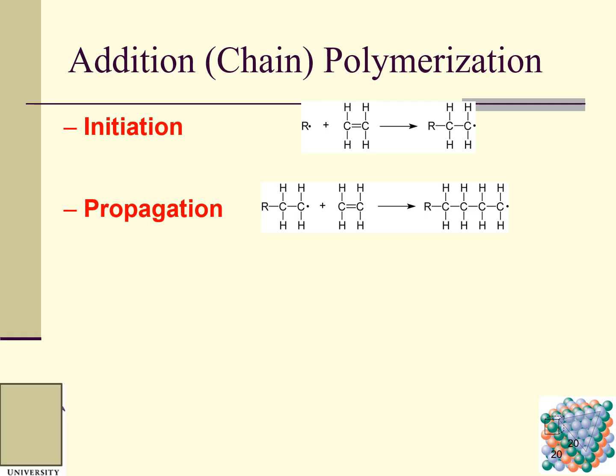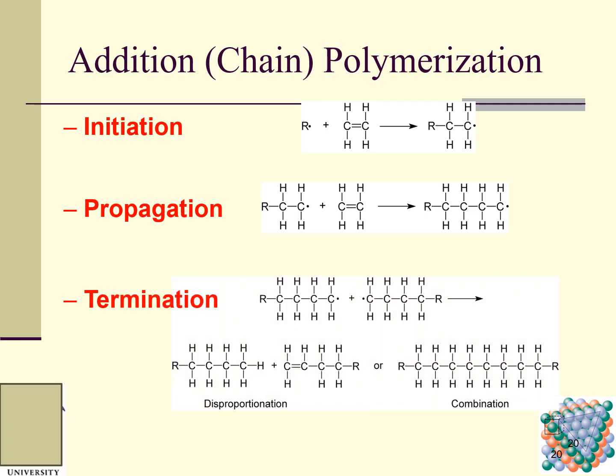Then this radical reacts with another repeat unit, and these two carbons form a new single bond, and this becomes more stable. This is one step, and so on and so forth, and you will get a very, very long chain.